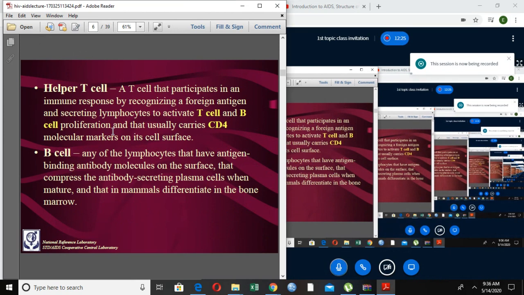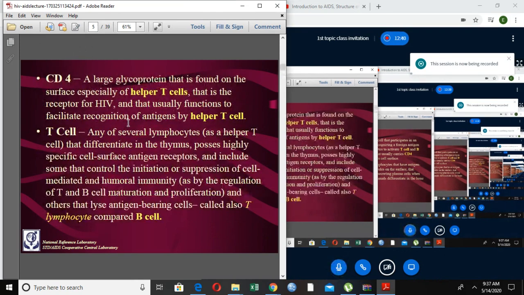What is proliferation? This is multiplication of other cells. So other T cells and B cells will be activated by helper T cells. Let me go back. I don't want to get confused.